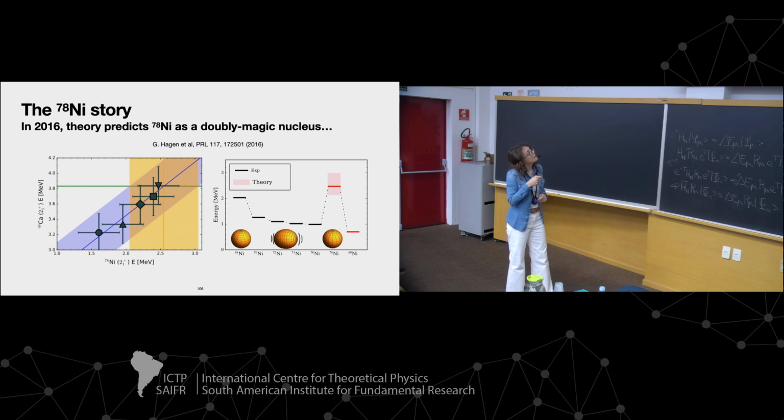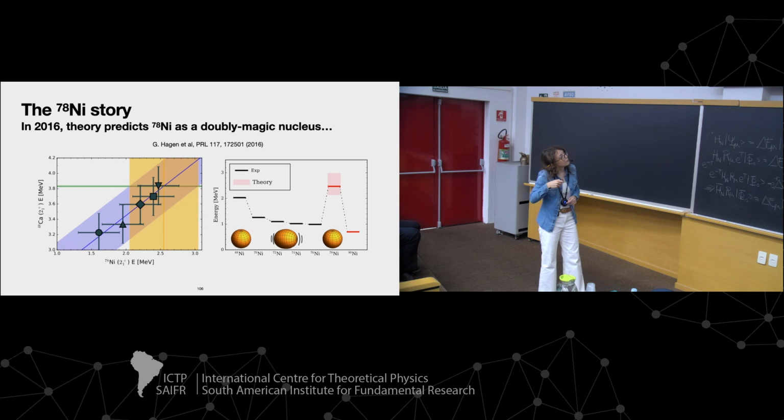And so in 2016, with coupled cluster, the excitation energy of calcium-48 was used in order to get a prediction for the excitation energy of the 2+ state in nickel-78. Here you see with crosses, we have different predictions for different chiral effective field theory interactions. We know very well what is the excitation energy of the 2+ state for calcium-48, and so we can exploit this correlation between these two quantities in order to get a prediction for nickel-78.